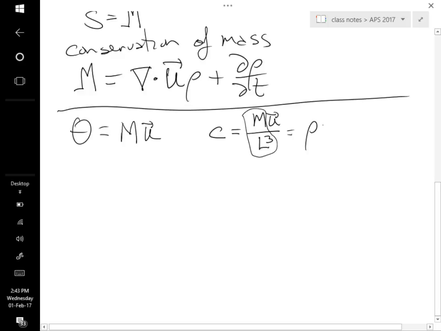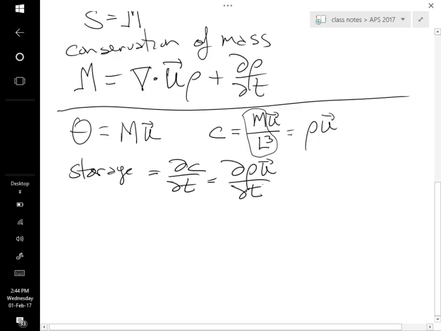So the variable C is the density times the velocity. And so now we can go ahead and develop the individual terms for the conservation equation. Storage is dC/dt, just by substitution.